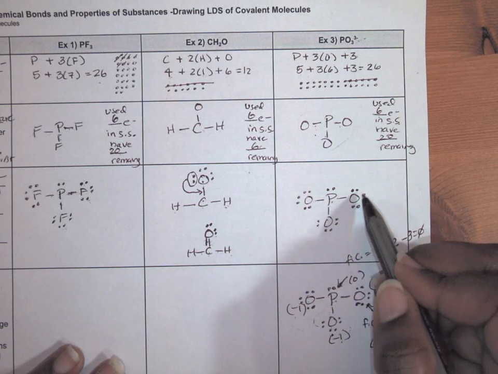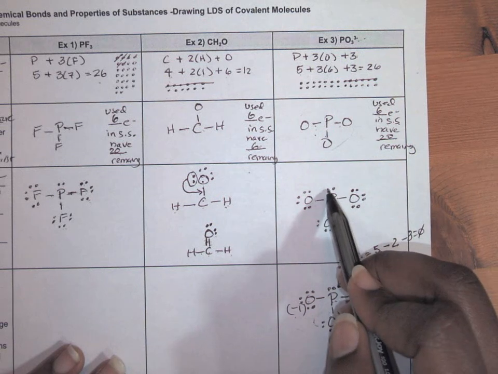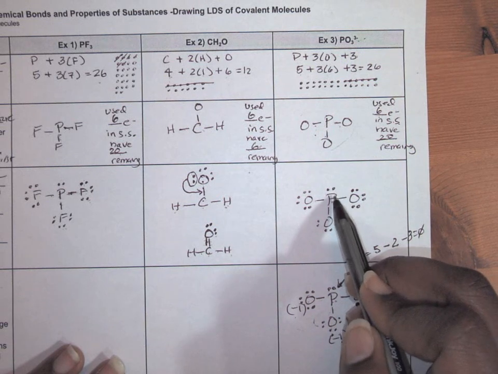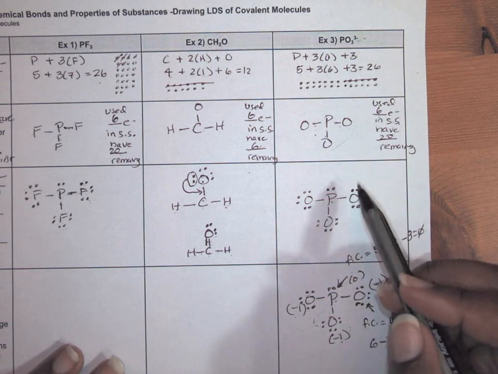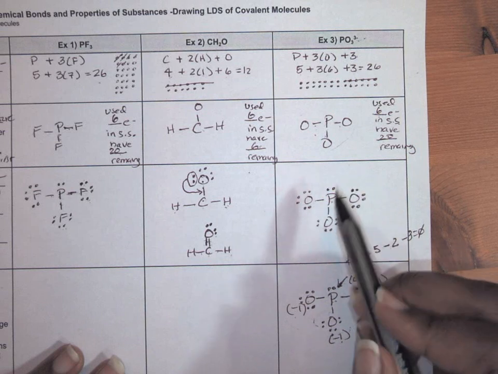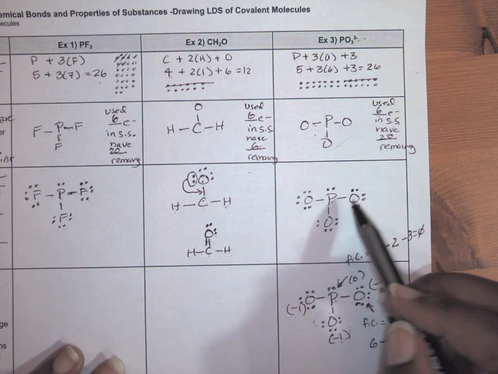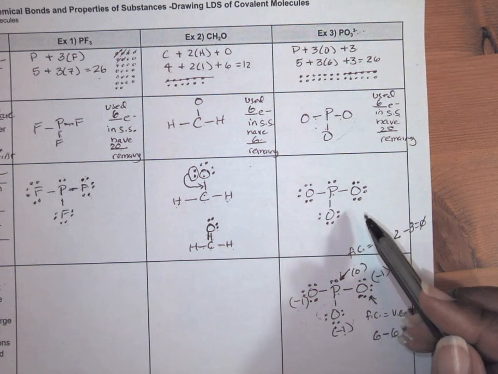I need 18 electrons to give all the oxygens an octet, and then I needed 2 more, 19, 20, to give the phosphorus an octet. And that's how much I had remaining. So this is my structure with the correct number of electrons to give every atom an octet. Everything has an octet, so this structure looks good.